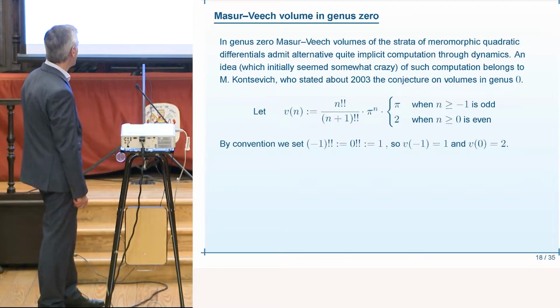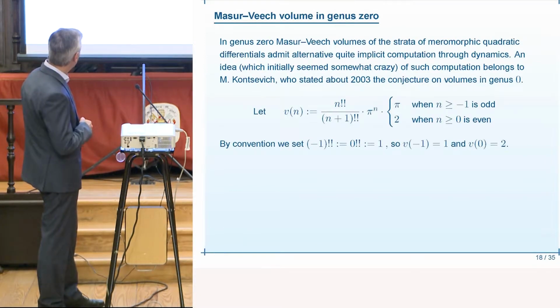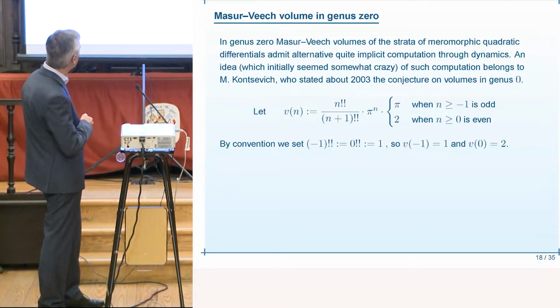It is so simple that I want to give an answer. So, define a function over an integer number n greater than or equal to -1 as follows. It's n double factorial, where this is the product of all numbers n, n minus 2, n minus 4, etc. And here another double factorial like this, times pi power n times some correctional term which depends on whether n is even or odd.